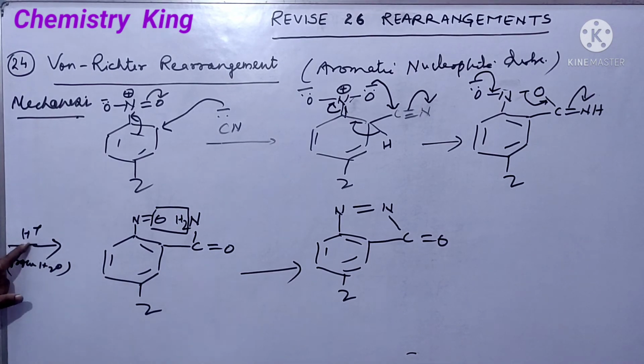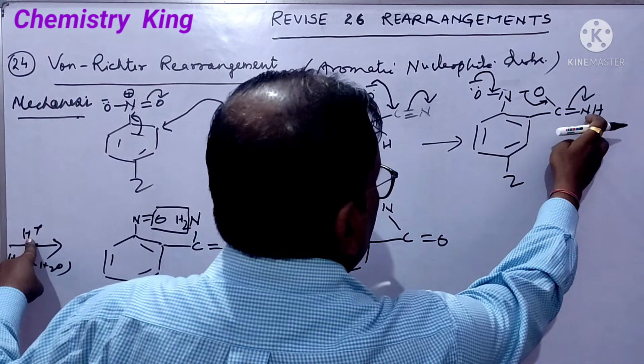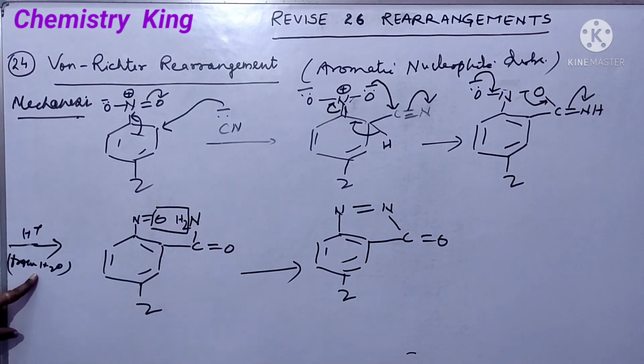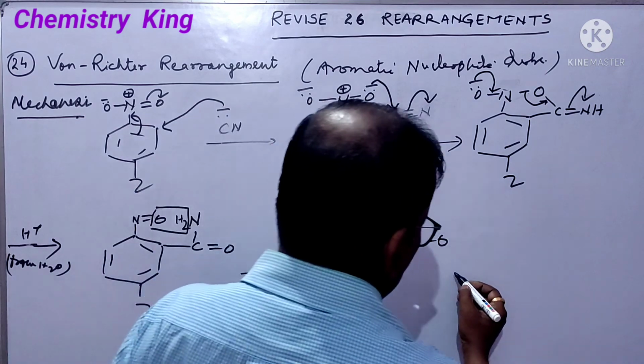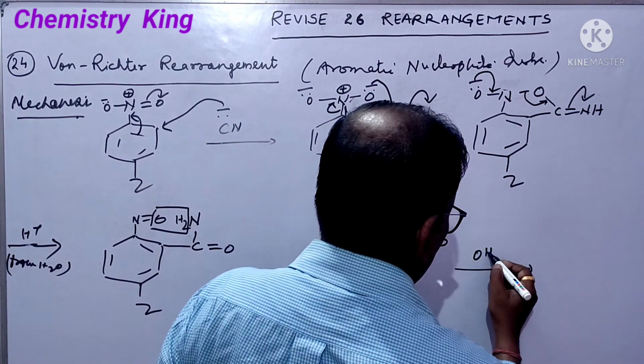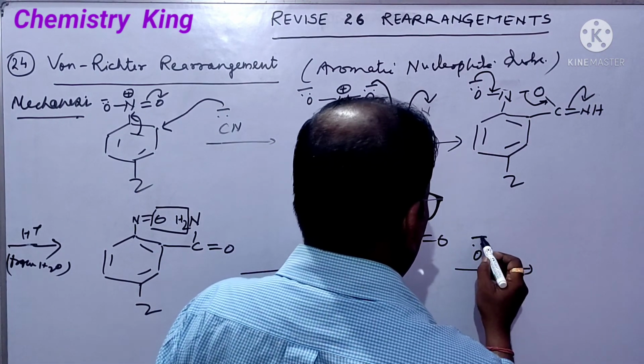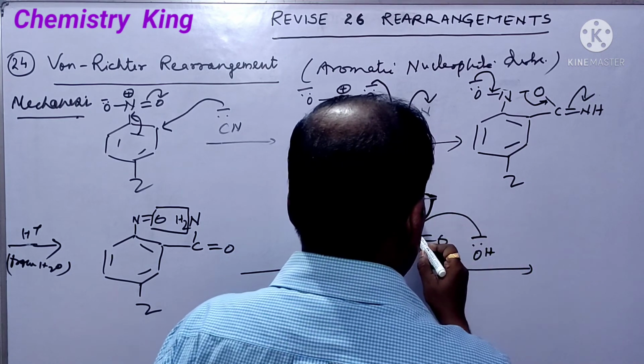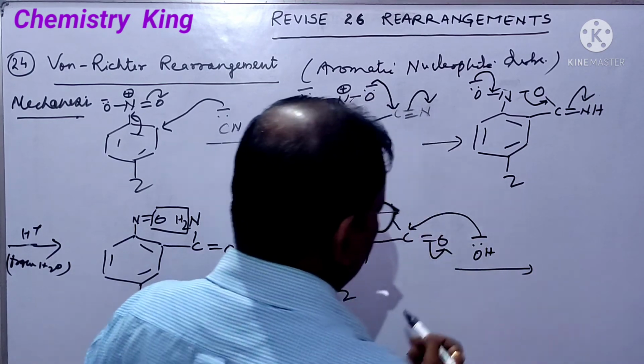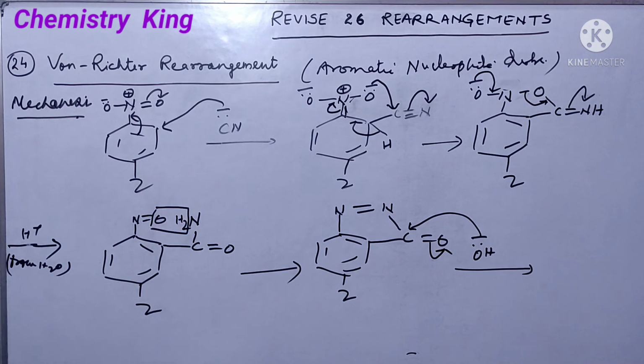Now water gives H plus, which gets attached here, and hydroxide ion is liberated. Now that hydroxide ion will attack at this carbon, and this bond will break in this fashion.